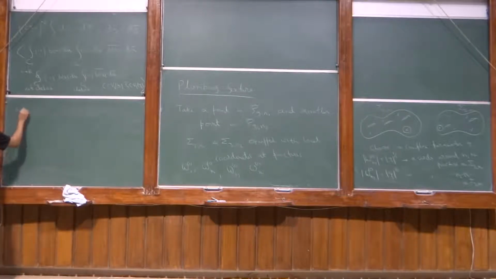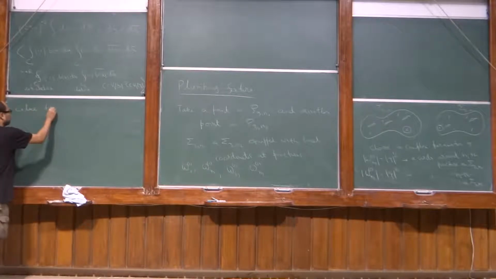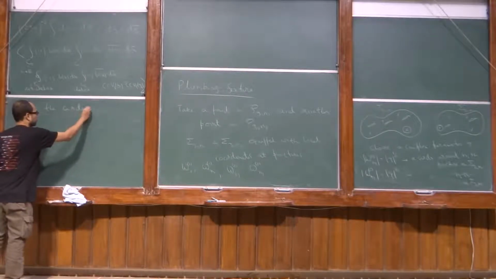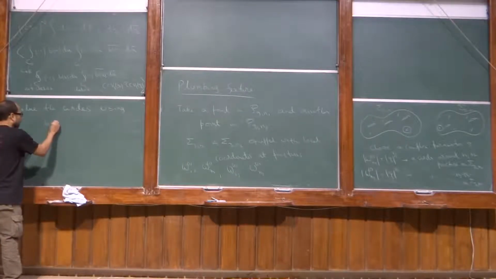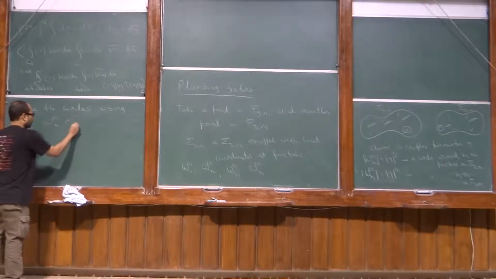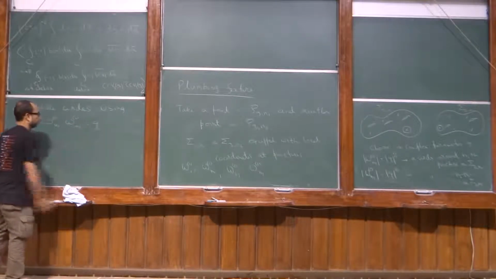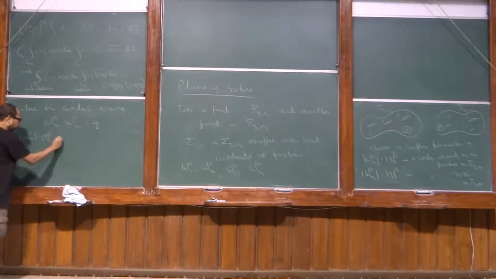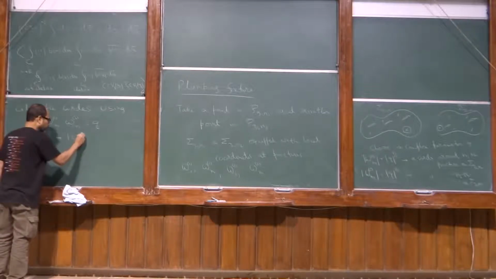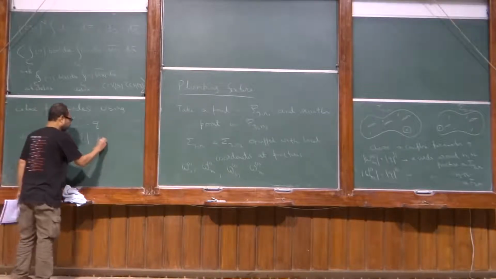We glue the circles using W1N1 times W2N2 equals q. And so notice that when mod W1N1 is mod q to the half, this implies that mod W2N2 is mod q to the half.